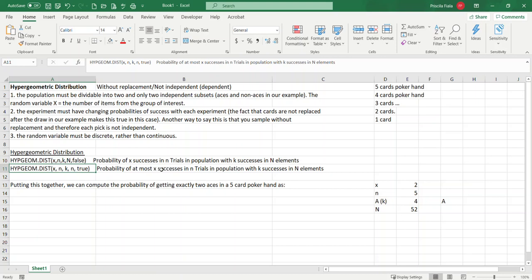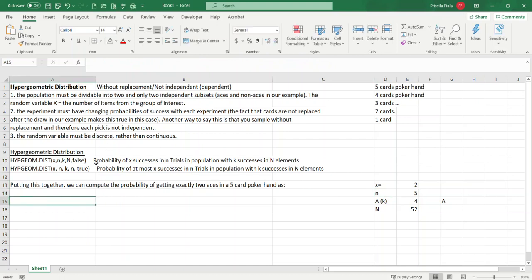So if I tell you at most 4, then you will have to calculate 1, 2, and 3. So you're going to have the cumulative values for those picks. Okay, so we know that we just want X exactly equals 2.